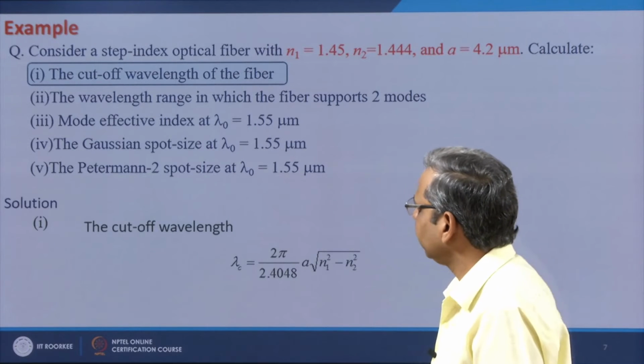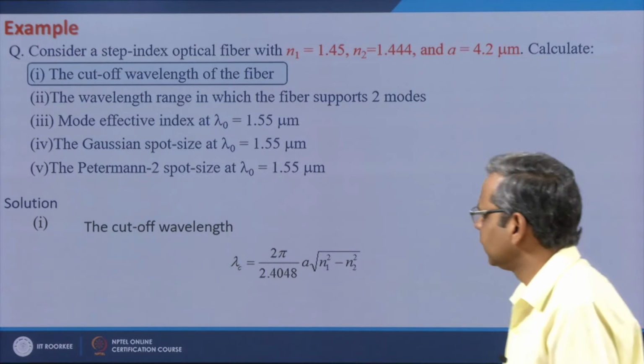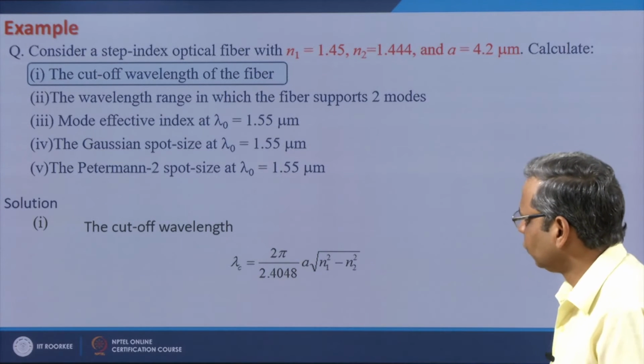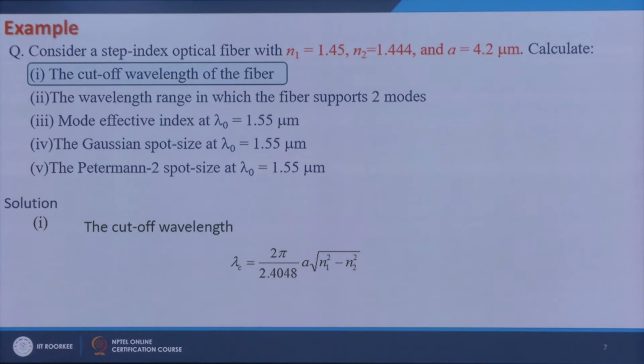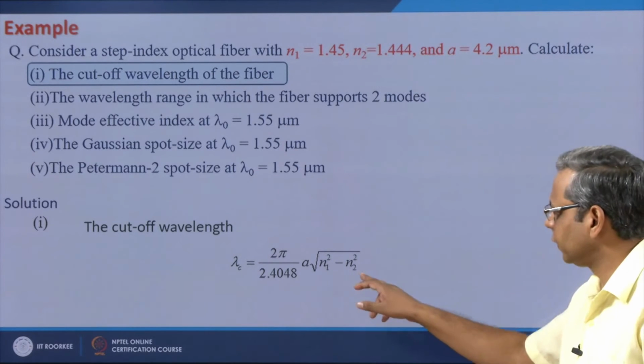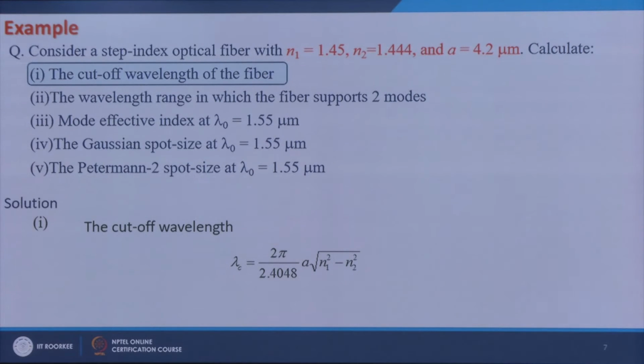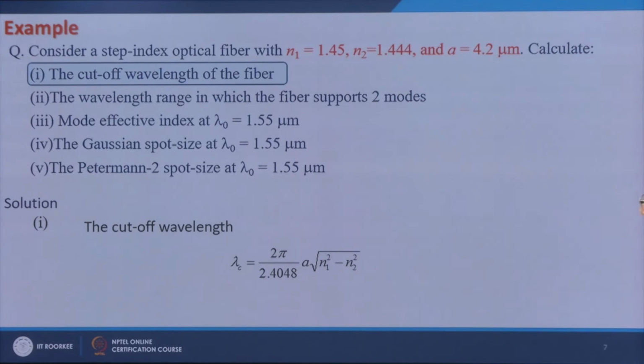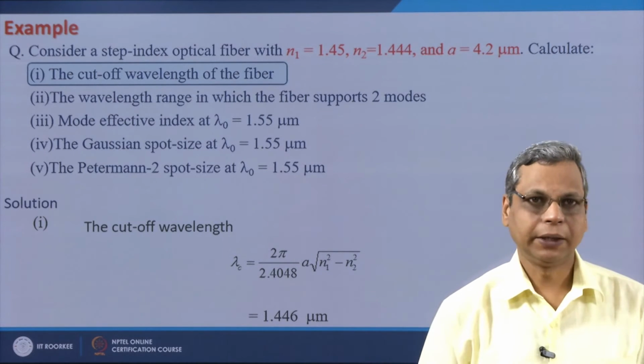So, I know that the cutoff wavelength of the fiber is given by lambda c is equal to 2 pi over 2.4048 times a times square root of n1 square minus n2 square. So, if I plug in all these numbers into this formula, then I immediately get the cutoff wavelength as 1.446 micrometer.